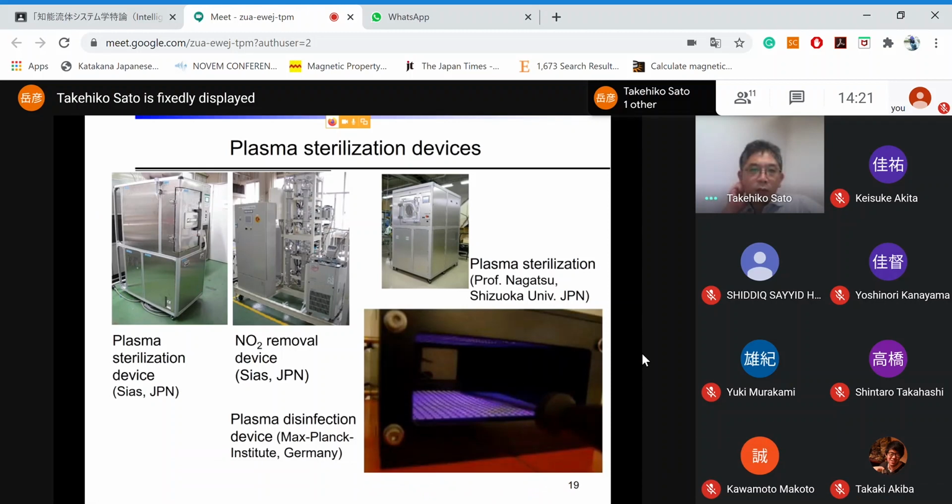That's the problem. And the plasma sterilization system, this is low pressure.